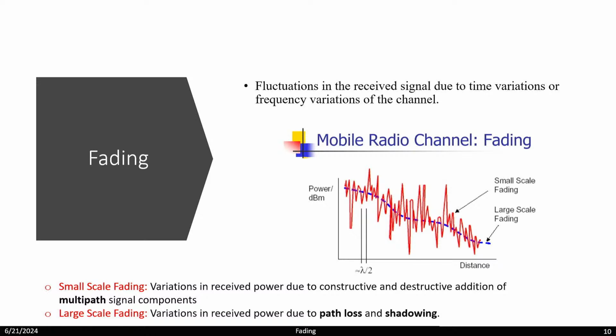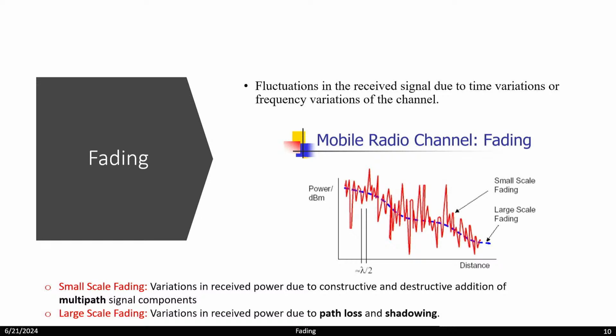There are two types of fading. One comes due to distance, which is the blue one, and around the blue one there are red fluctuations. Those are due to small scale fading. Say you have transmitted a signal wirelessly, and due to obstacles it gets scattered and reflected, so there will be multipaths from that single signal.